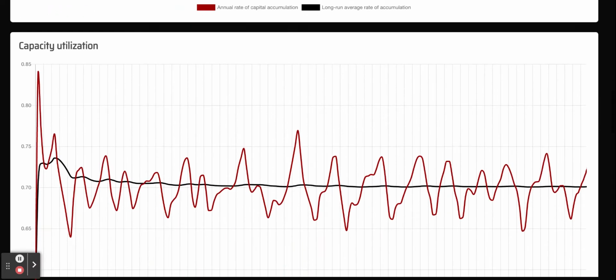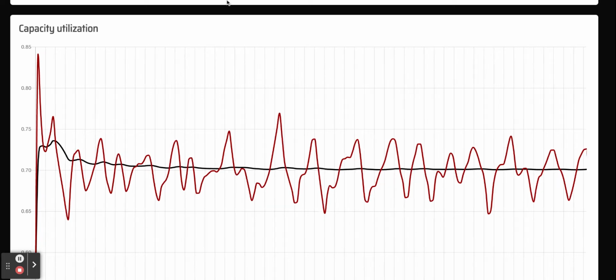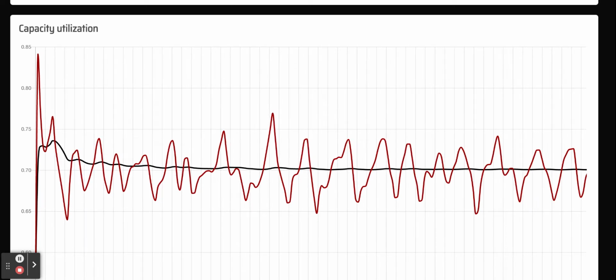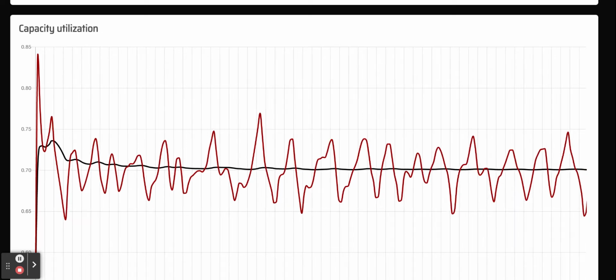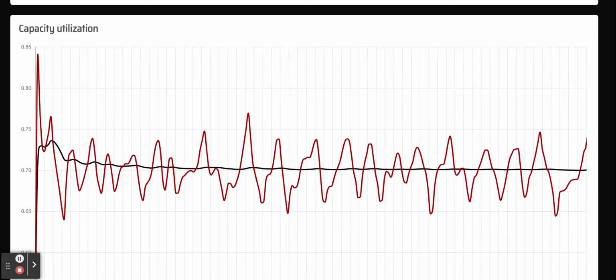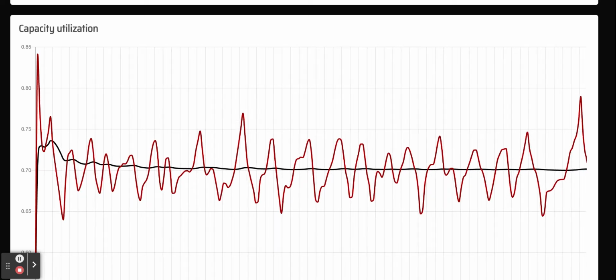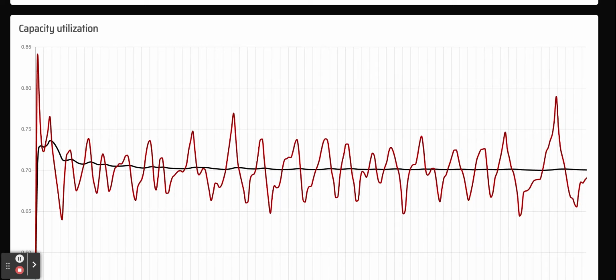You've also got down here a graph for the rate of capacity utilization. So in this model, businesses are adjusting investment to keep up with the growth of demand for their products, and they want to use some percentage of their productive capacity. They want to leave some spare capacity to be prepared for unexpected changes in demand, but they don't want to have too much unused capacity because that's just a waste.